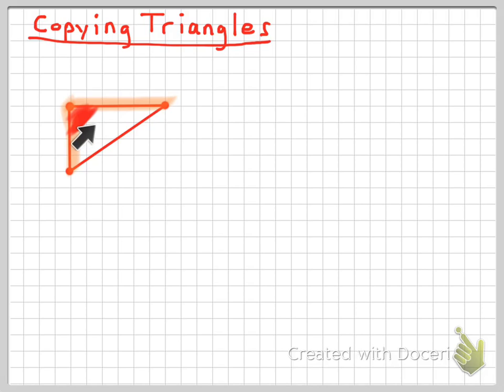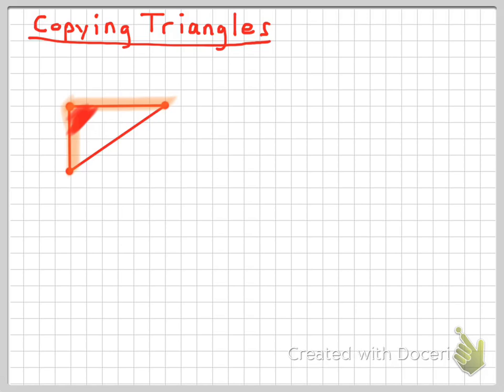So I'm going to copy this angle measure here, which happens to be 90 degrees for this triangle, of course. Now, the angle that I highlighted here is the angle formed by these two sides right there. And anytime you have two segments that form an angle, the angle they form is called the angle that's included, or the included angle of those two sides. So I'm going to copy the two sides and the included angle.